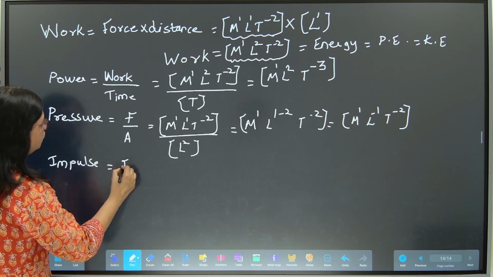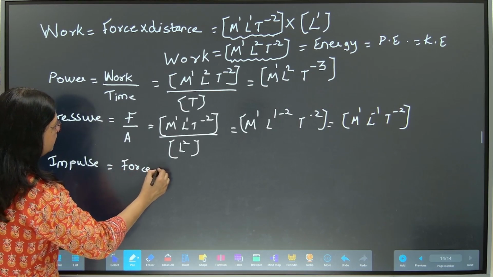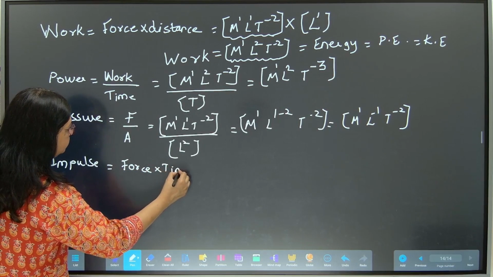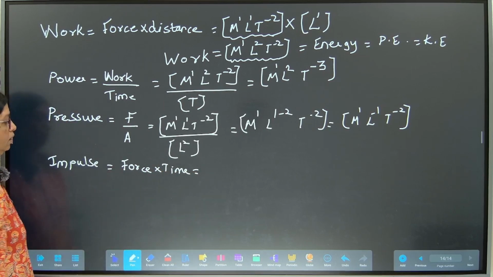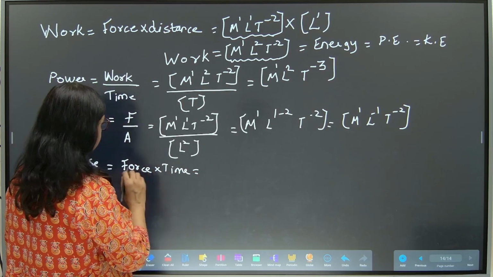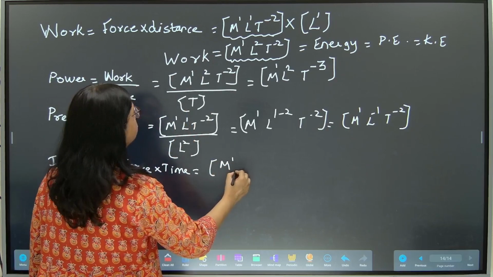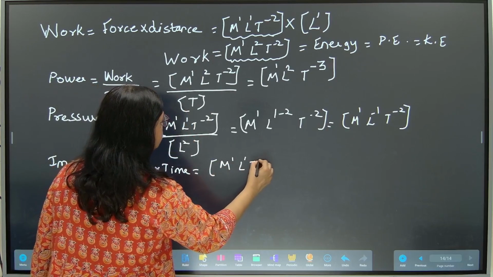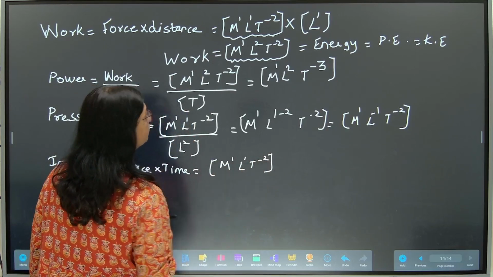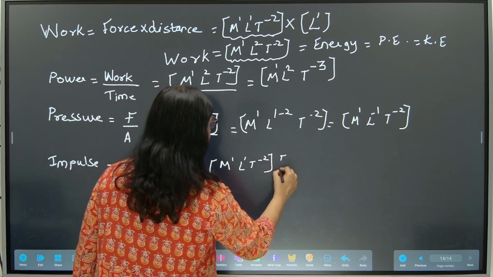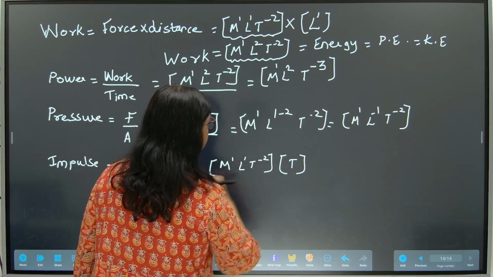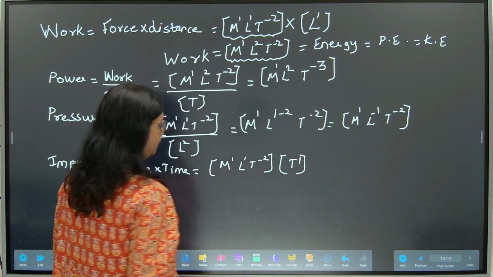Then we can write impulse. Impulse is equal to force multiplied by time. Okay. So what is the force dimensional formula again? M1 L1 T minus 2. Time is T, so T raised to 1.